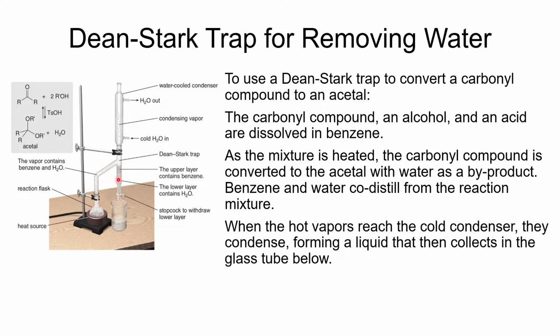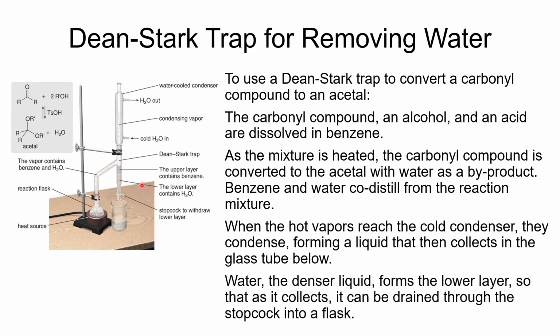And most of it will be benzene, but you will have some water in there. And periodically, you can just drain that water out. And when you do that, you are effectively removing water from the system. And you can just let this go over, and you can even let some of the benzene flow back over here and go back down into the flask because you don't want to remove your benzene. It's a very cool method and a very clever method for removing water from a system.